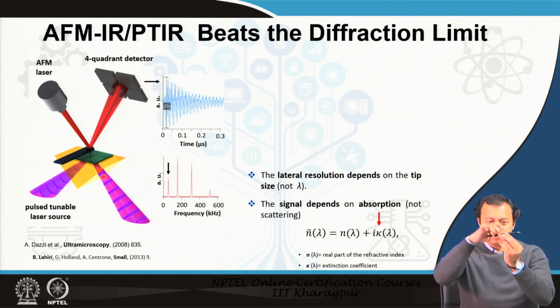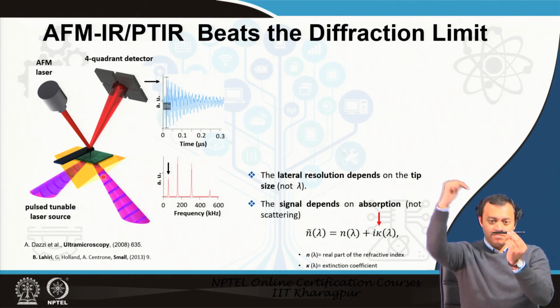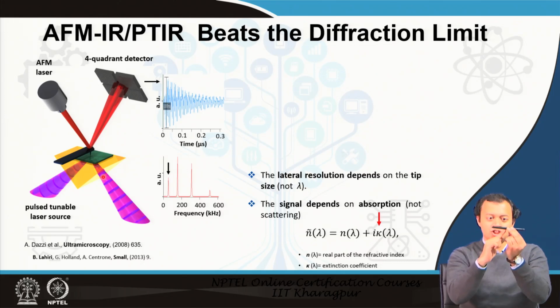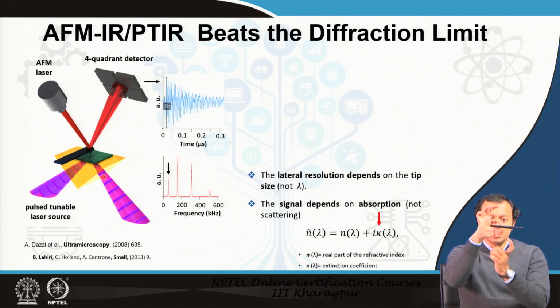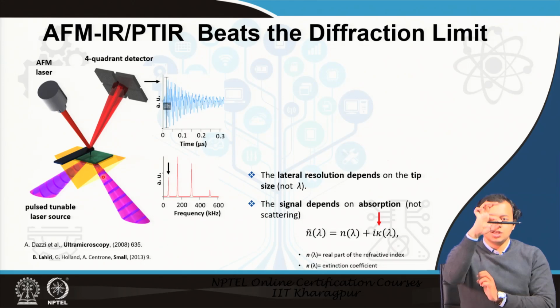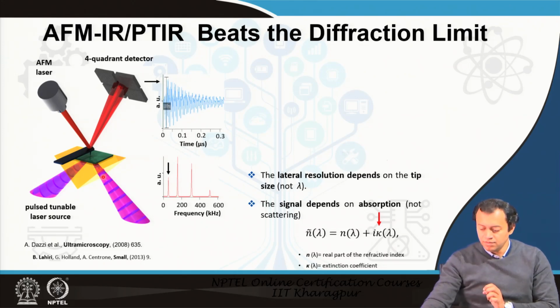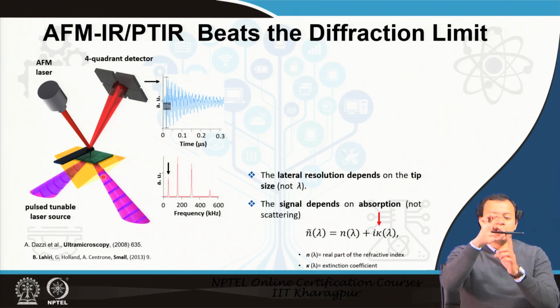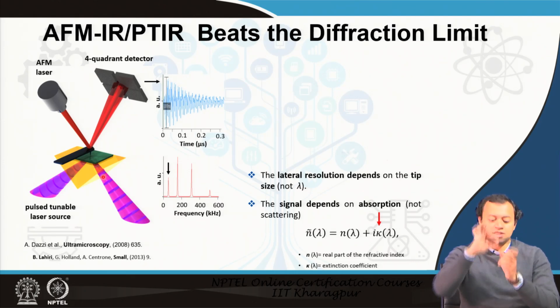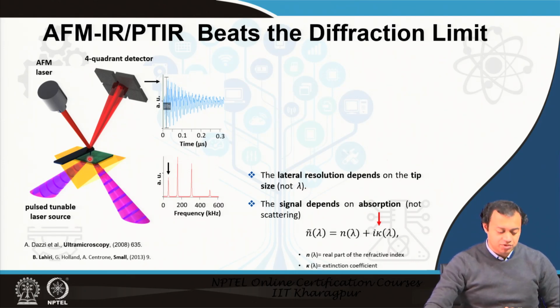So, if this is the sample, I am sending light, I am having the cantilever here, and just below it aligned properly, this is my cantilever, this is my laser. They are at the same spot with just the sample in between. Now, if the sample has an absorption frequency that matches that of the pulse laser source, the sample will absorb the light.